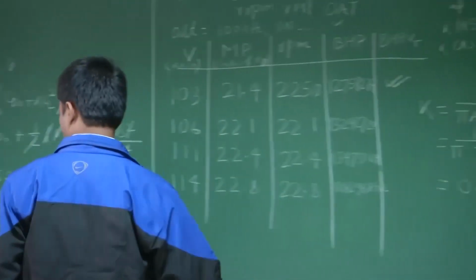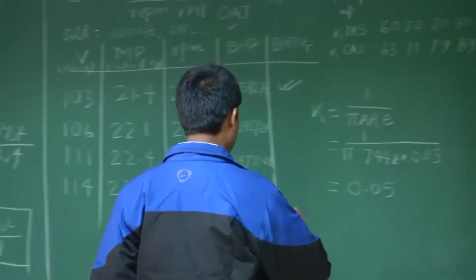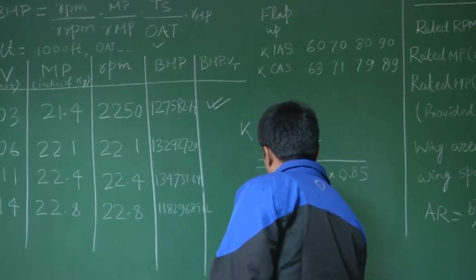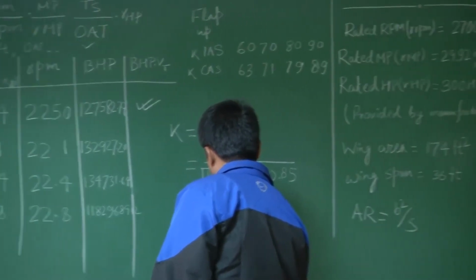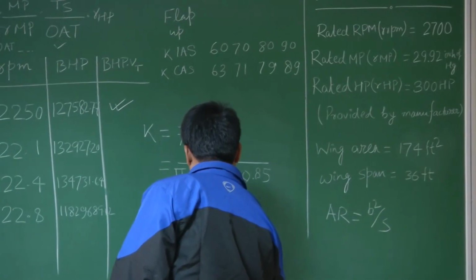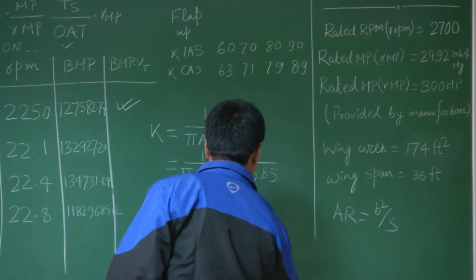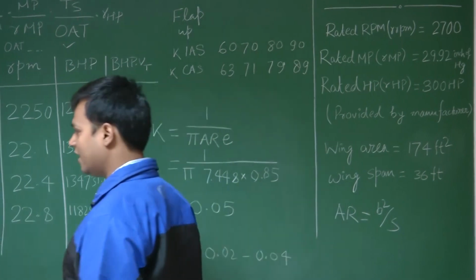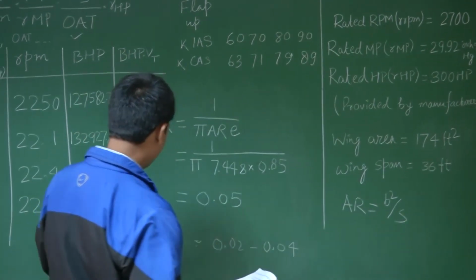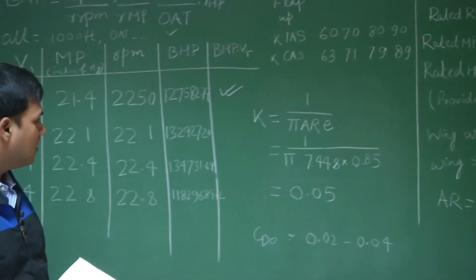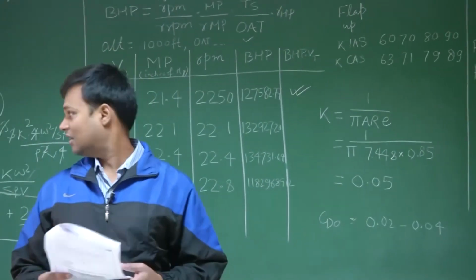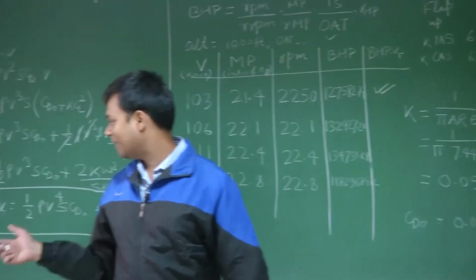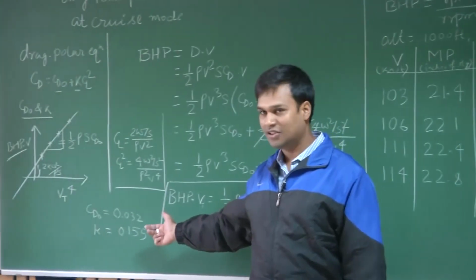CD naught looks to be okay, because the range of CD naught is usually roughly 0.02 to 0.04 for this kind of aircraft, so it looks very reasonable. But we could not get the K value correctly. I will not say it is very bad, but we definitely need some correction on the value.